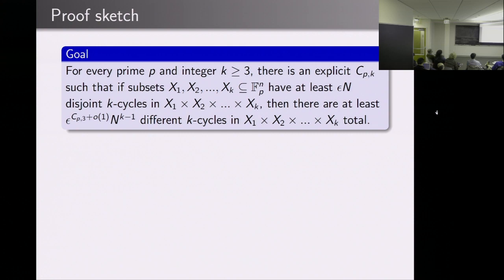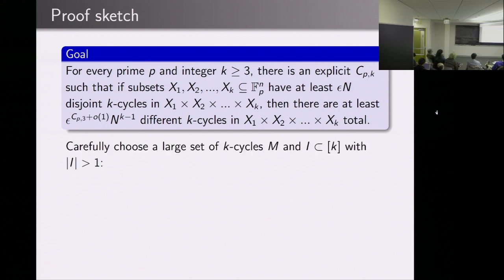And then what we do is we take a large set of k-cycles. By large set, I mean we don't lose anything in the exponent, just lower order terms, and a subset of the coordinates I that's bigger than 1, and it has two properties.